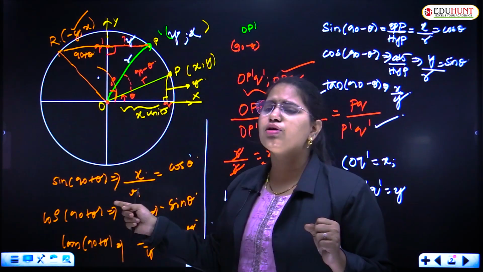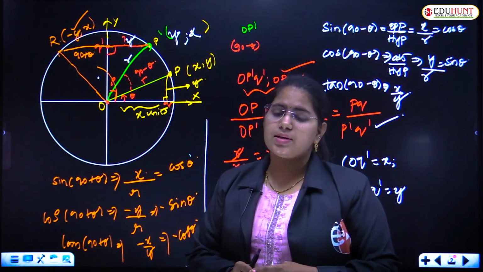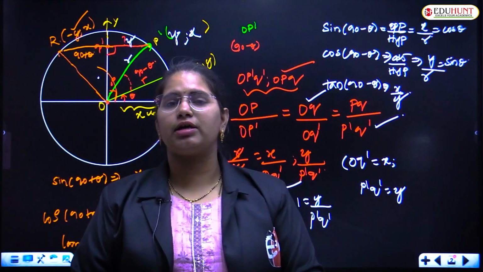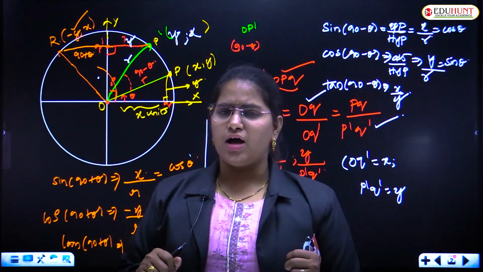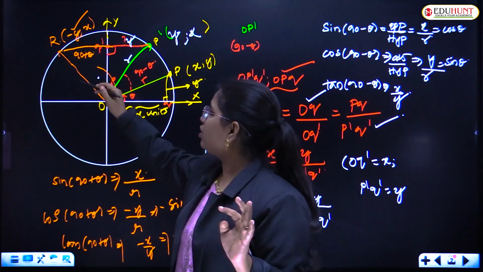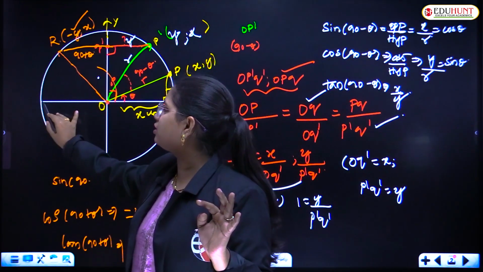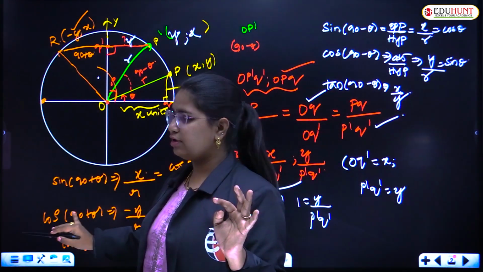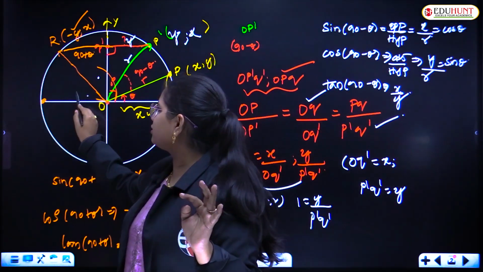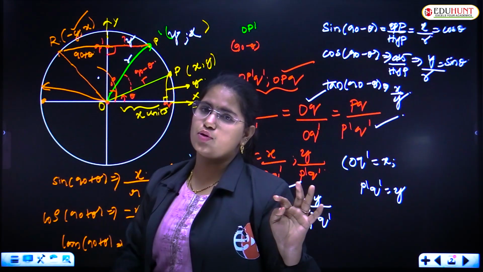Here I have proved sin 90 plus theta, sin 90 minus theta. Similarly, we can also prove for sin 180 minus theta, sin 180 plus theta. How you can derive? That will be the task for you. Up to here this is 180 degree. If you take theta from 180, you need to remove that.